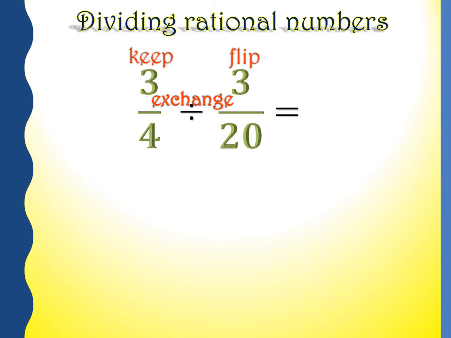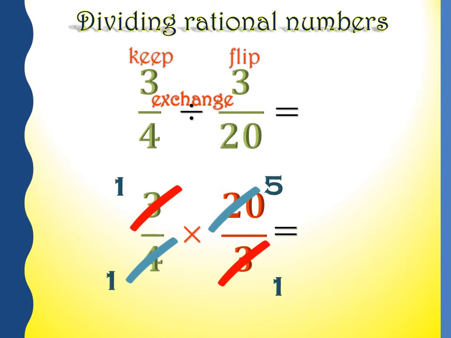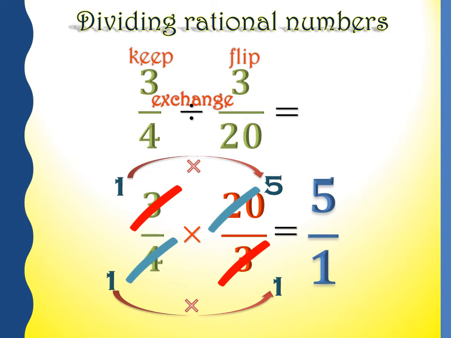So the new form of the question will be 3 over 4 times 20 over 3, and then you can simplify before multiplying, 3 with 3 and 4 with 20. After that, multiply as normal, numerator by numerator and denominator by denominator, so the answer will be 5.